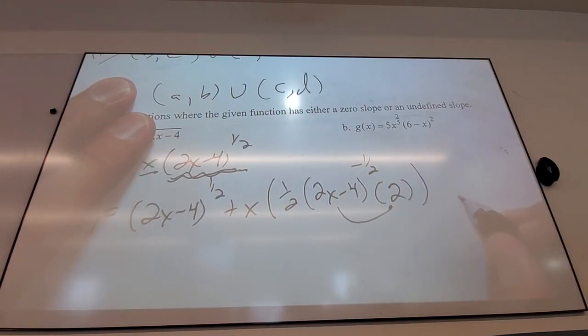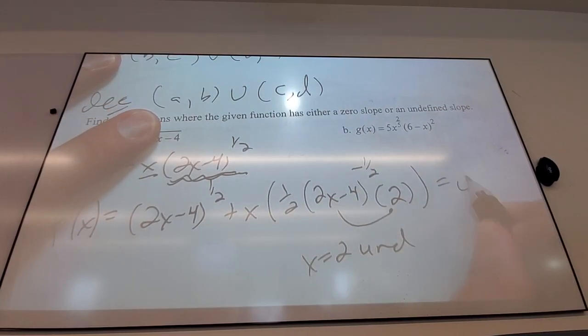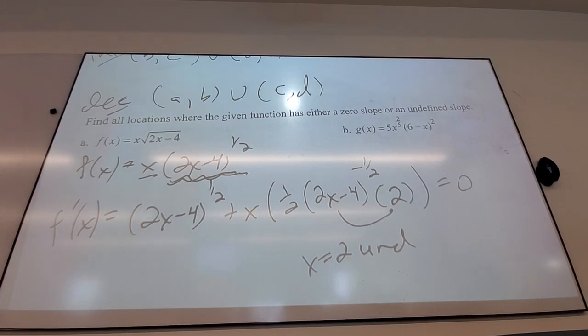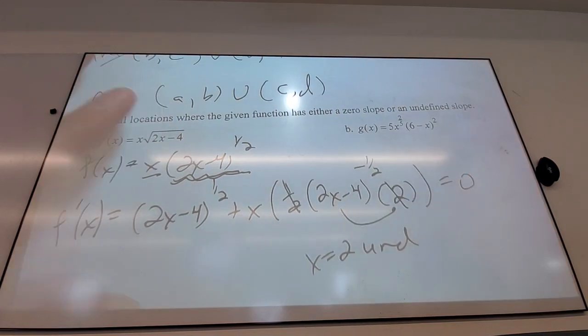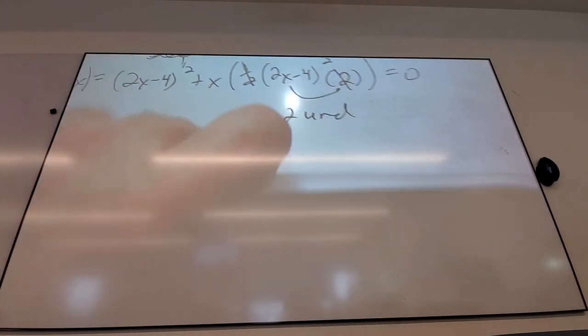So x equals 2, it's going to be undefined. How do I factor this? Because if I want to set this equal to 0, I need to factor it, correct? How do I factor this thing? First off, you see 1/2 times 2 is gone? Yes? Is that cool? Okay. How do I factor this thing?